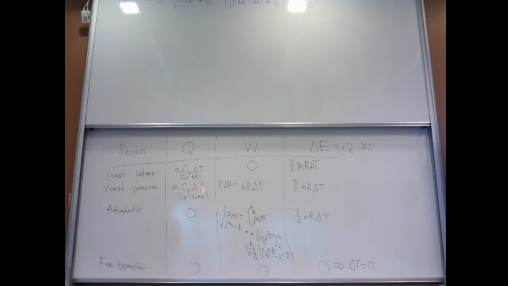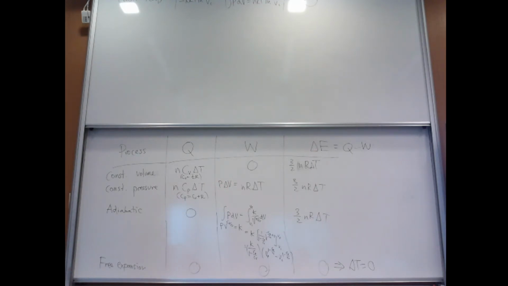For the work, we've got explicit formulas for basically every possible scenario. So this is 0, this is nR delta T or P delta V because this is constant pressure.